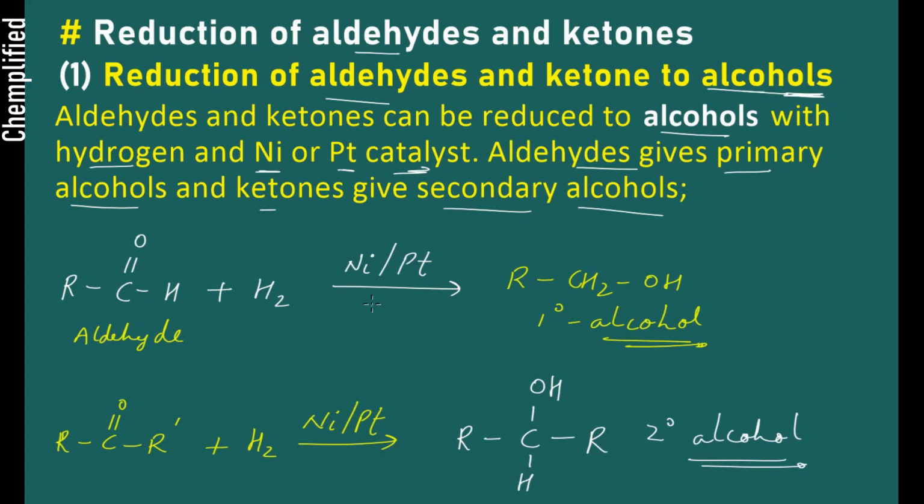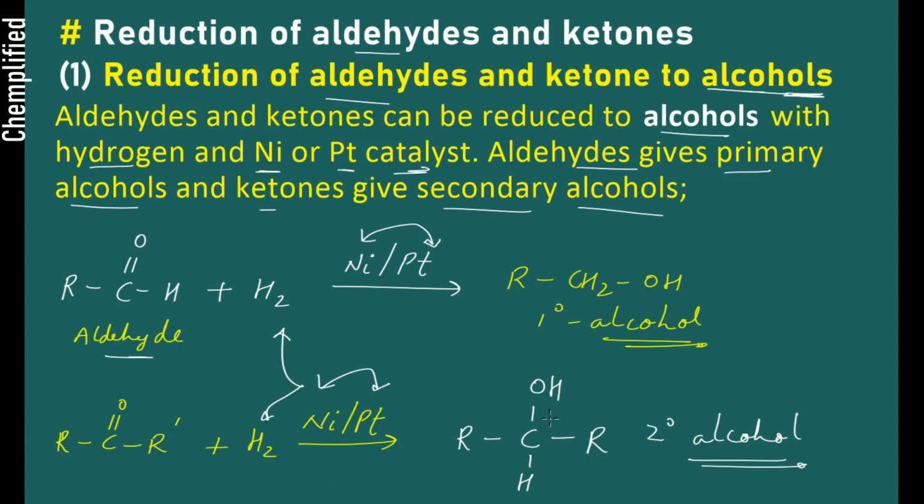There are so many reactions you can't remember, but you can remember that if nickel or platinum is present with hydrogen, it simply means reduction is going to take place, and reduction means these groups will be converted to some lower functional group.